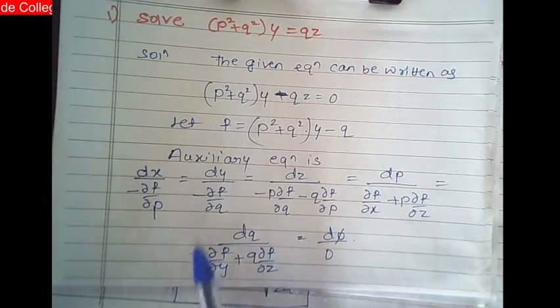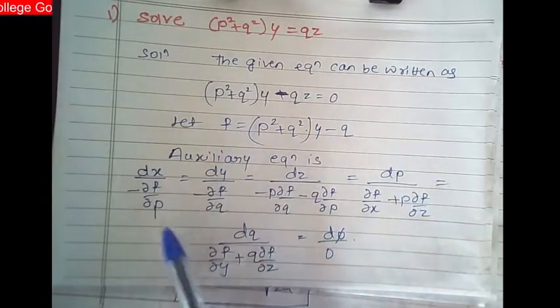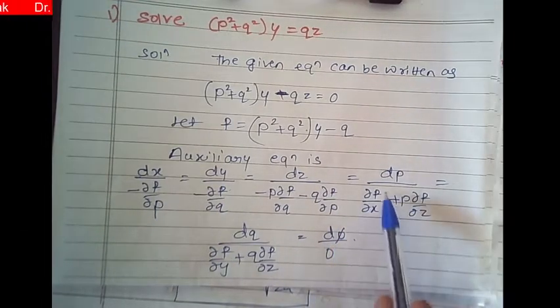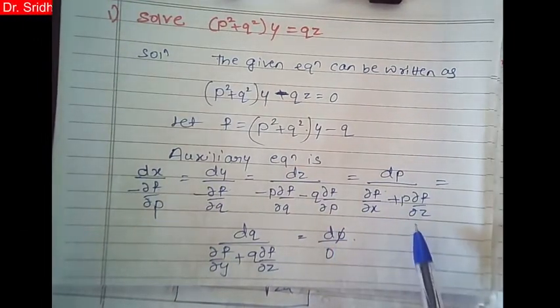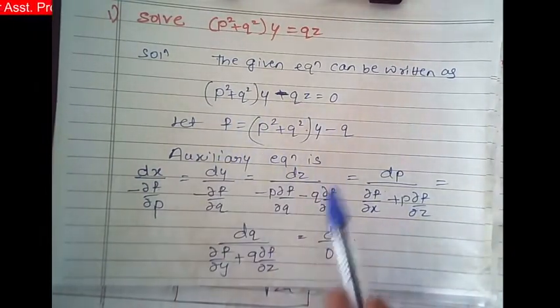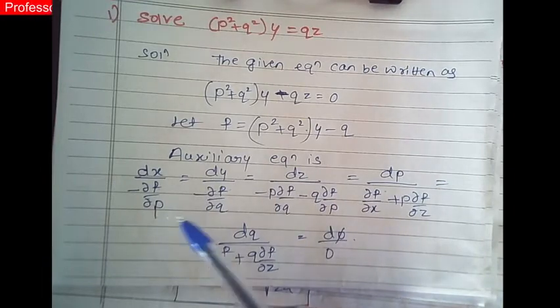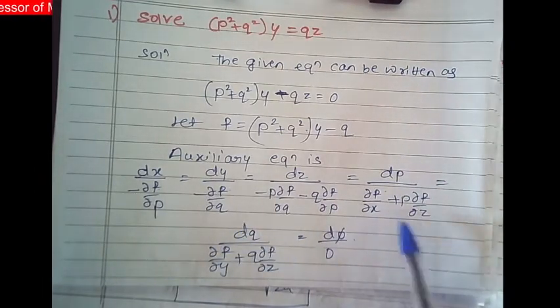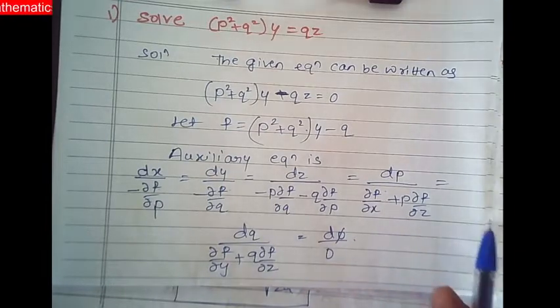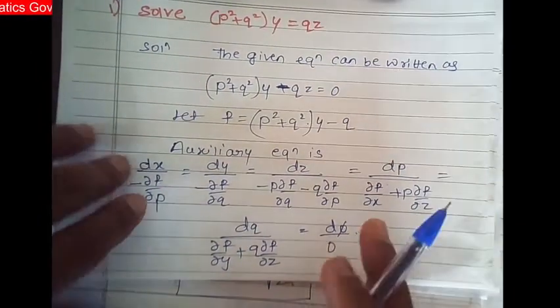So now from this equation we find dou f by dou p, dou f by dou q, then dou f by dou x, dou f by dou z. So differentiate this f partially with respect to p, q, x, z and y, right? So now we differentiate this.